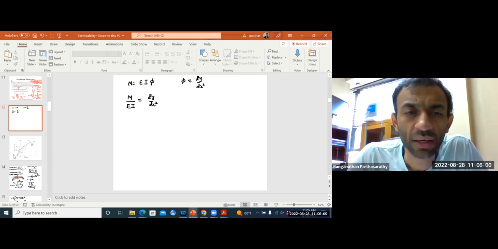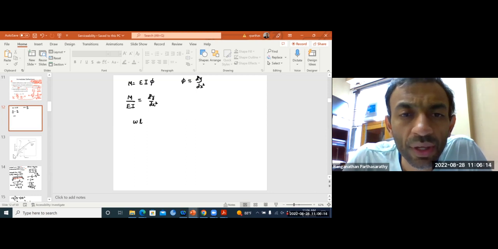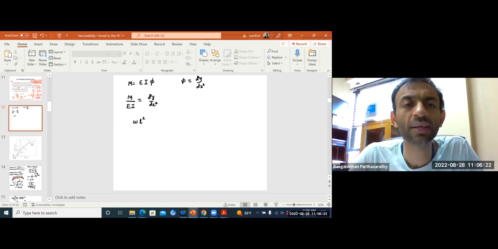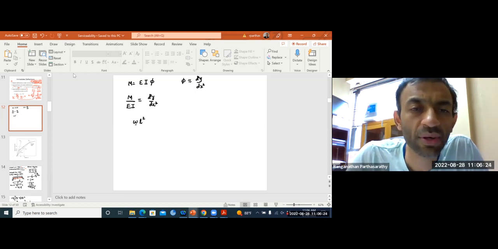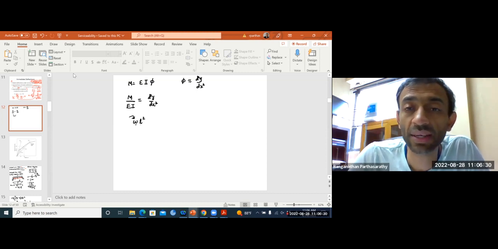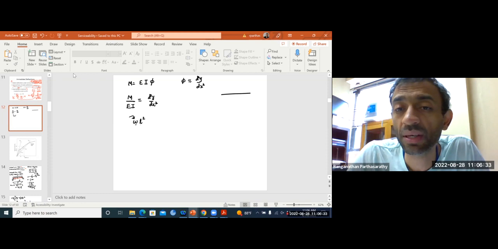Moment is some load times a length factor, right? W is the load intensity, right? For example, in a simply supported beam, your maximum bending moment which occurs at the mid-span is wL square by 8.